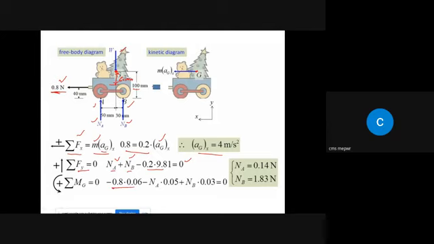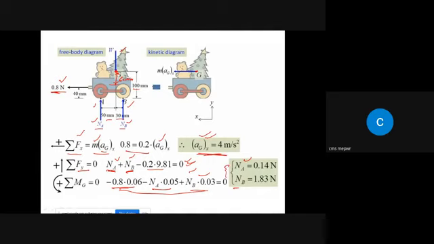The other terms are NA multiplied by 50 and NB multiplied by 30, each divided by 1000, and this gives us the complete equation. Now we have two equations and two unknowns. Find NA from one and put it into the other, and we get the NB value. The acceleration is in the x direction, with no acceleration in the y direction, and these are the required normal forces.